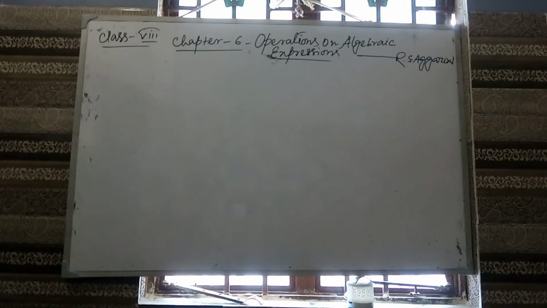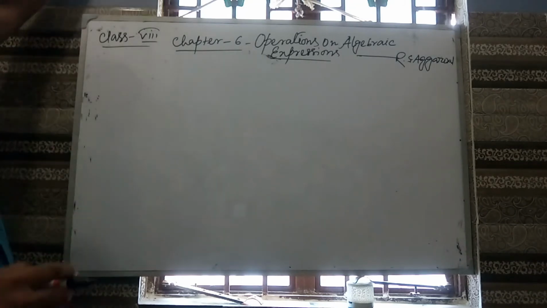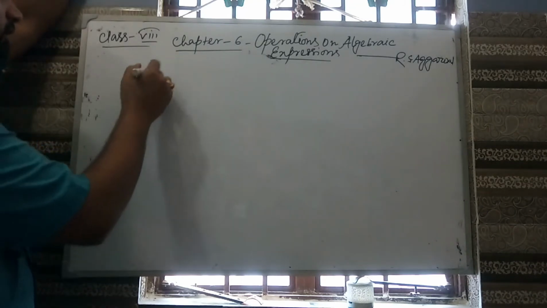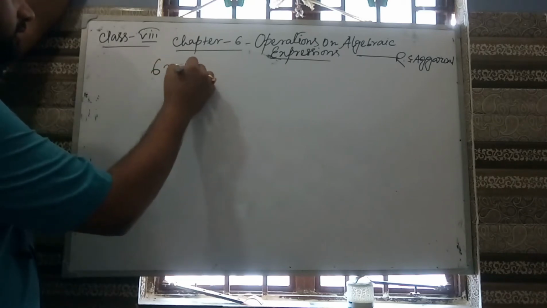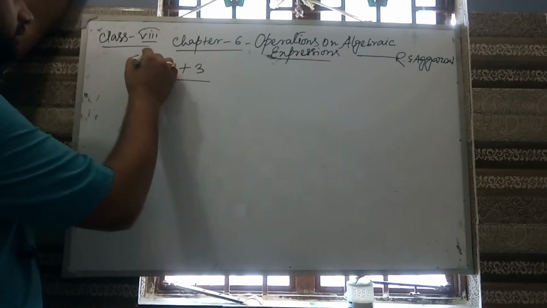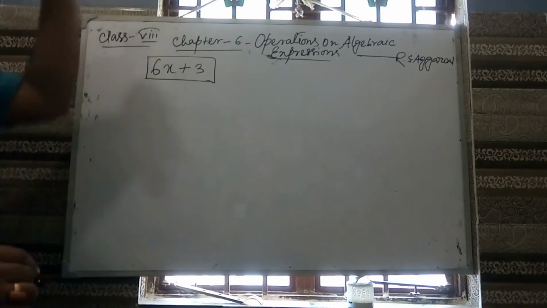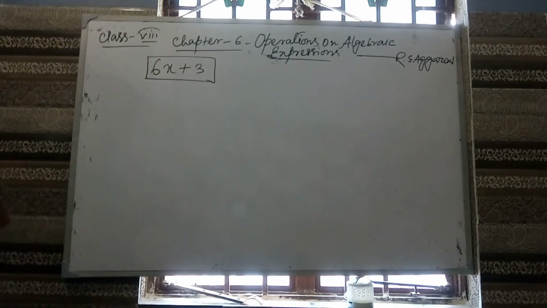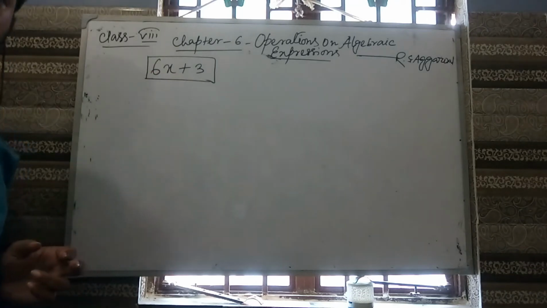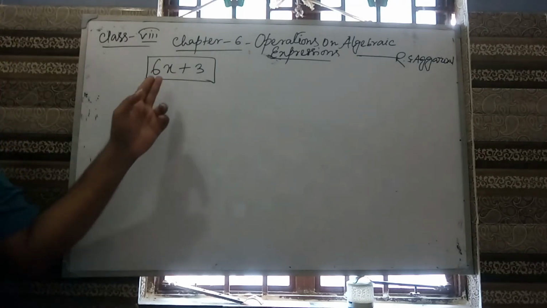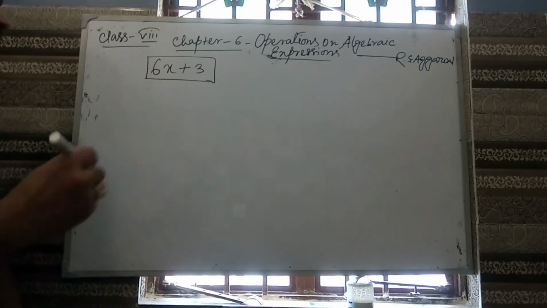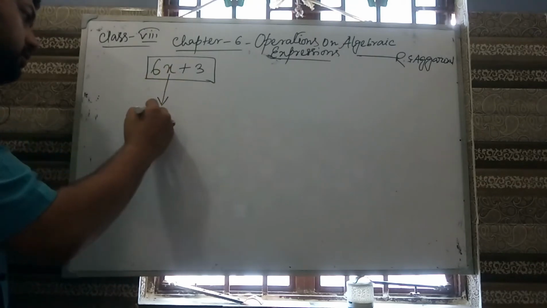An algebraic expression means, suppose we write 6x plus 3. Here x is an unknown. This unknown is called variable.